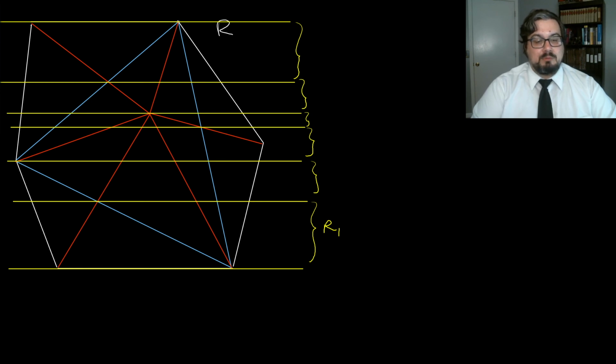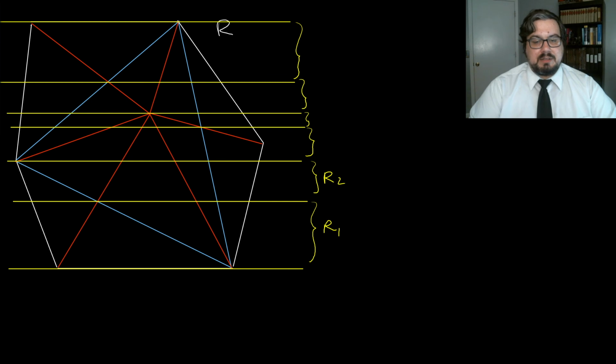And it's got some red and some blue segments in it that are dividing that region into a number of triangles. So the region R1 that lies between the bottom two yellow lines is already triangularized.